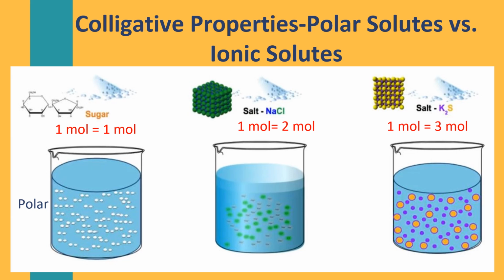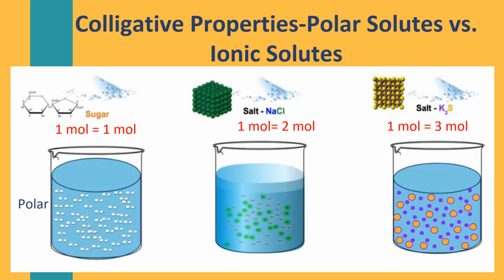And if we take a look at the potassium one at the end, if I put this in the water, it's going to dissociate, and 1 mole of this is going to produce 3 moles of dissolved particles, the 2 moles of potassium ions and 1 mole of sulfide ions. This is an important concept to understand.